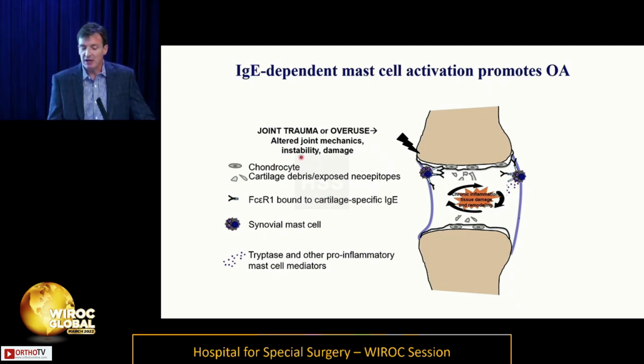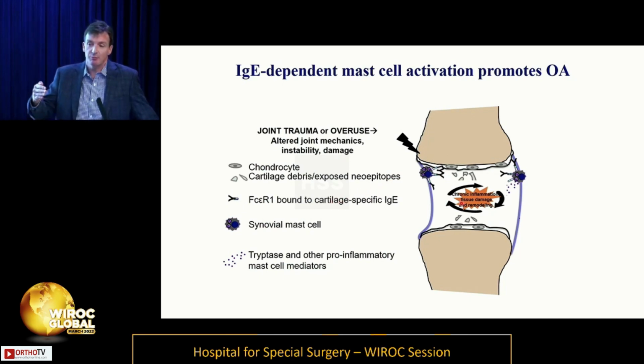So something about joint injury or overuse or altered mechanics may result in the production of certain degradative products, perhaps, that are targeted by IgE, or perhaps it's some allergen-associated reaction, but the IgE basically traffics to the joint.